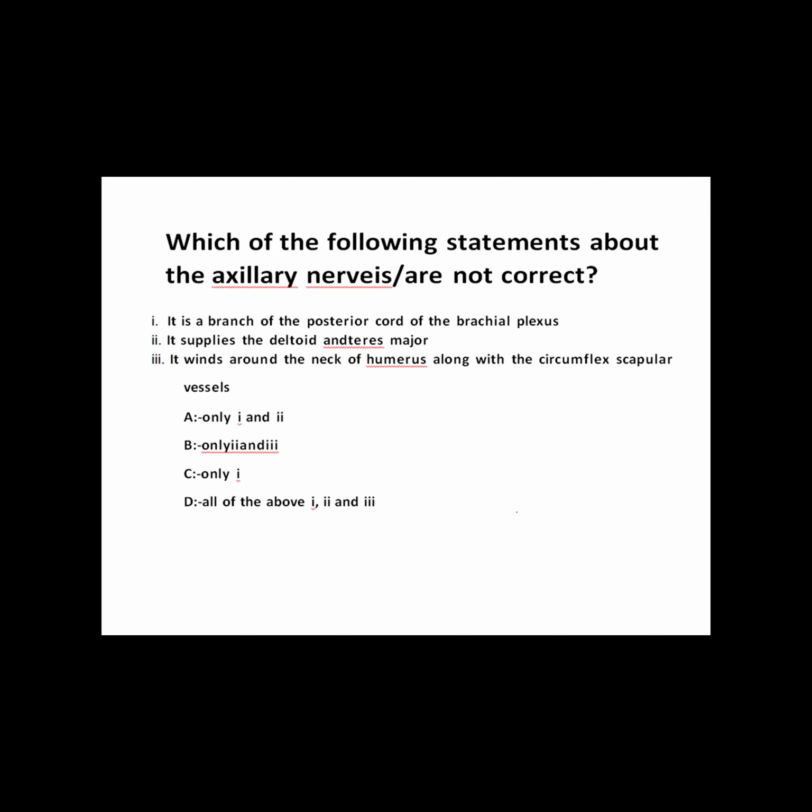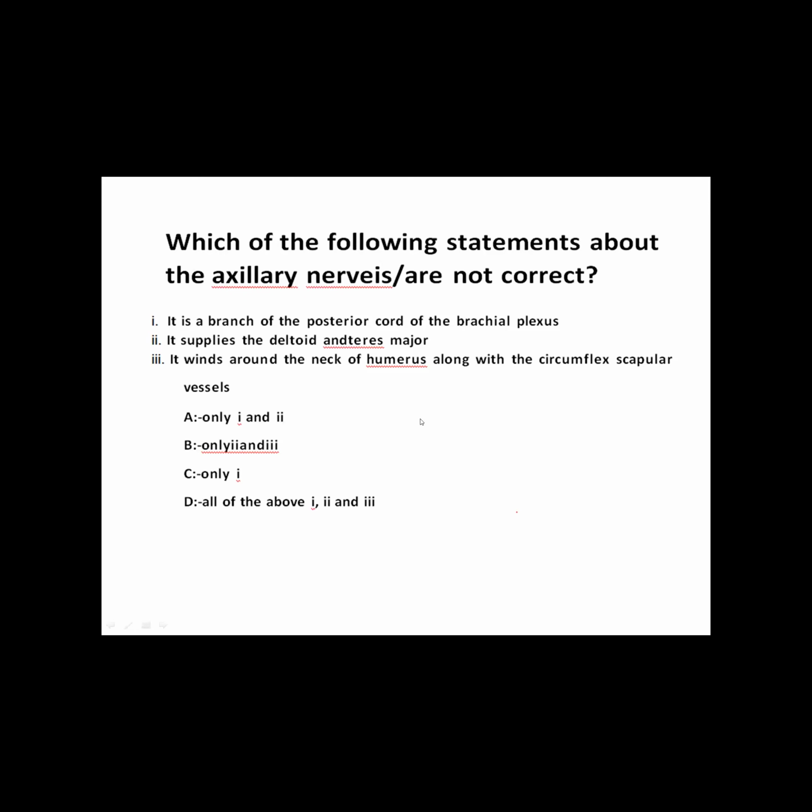So you need to identify the incorrect. Axillary nerve, the most important of the shoulder region, है ना? Option A, only 1 and 2. So you are saying it is a branch of posterior cord of the brachial plexus. It is not a branch of posterior cord of brachial plexus and it does not supply deltoid and teres major. Okay.